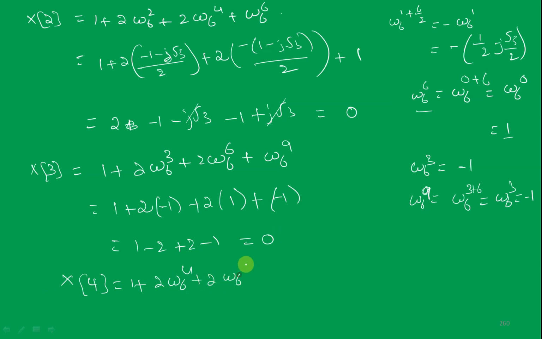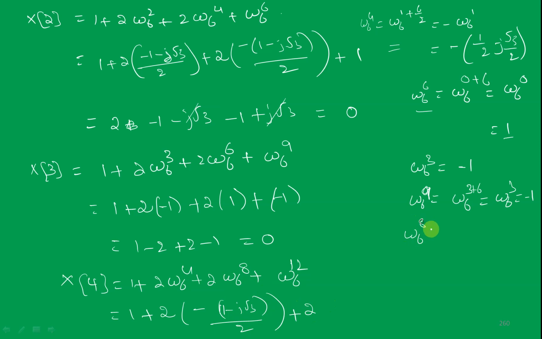X of 4: 1 plus 2 W6 power 4, 2 W6 power 8, W6 power 12. Now W6 power 4 is minus 1 minus j root 3 by 2. Then plus 2 W6 power 8.